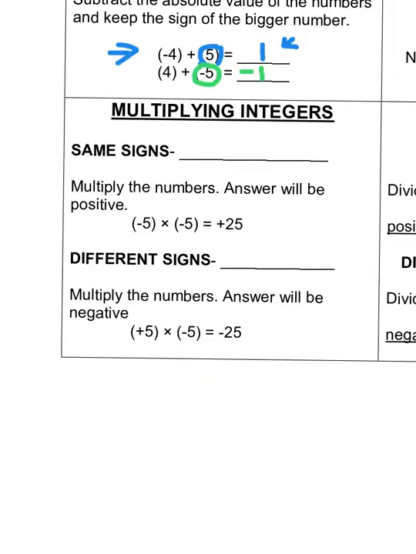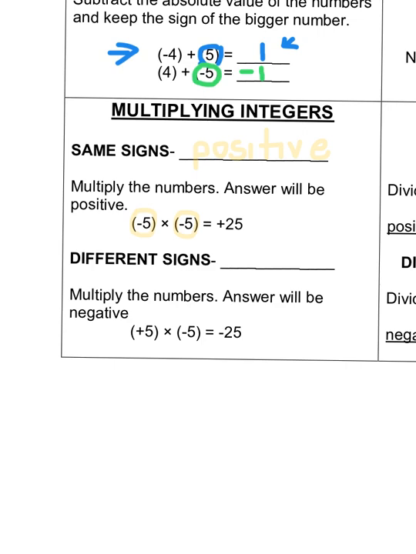When we get to multiplying integers, it's my favorite because it's easy. If you have the same signs, your answer is going to be positive. So if you have both positive or both negative, the answer will be positive when you're multiplying. For example, negative 5 times negative 5, you multiply the numbers as normal. 5 times 5 is 25.